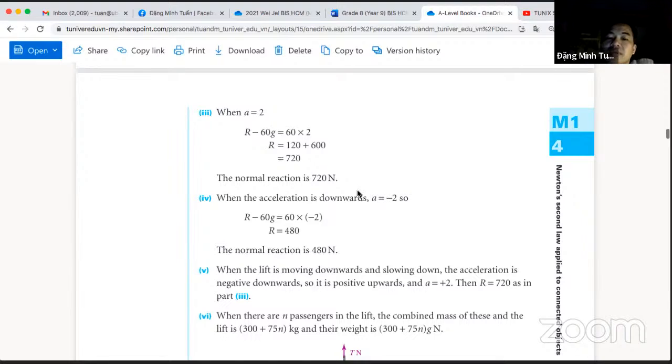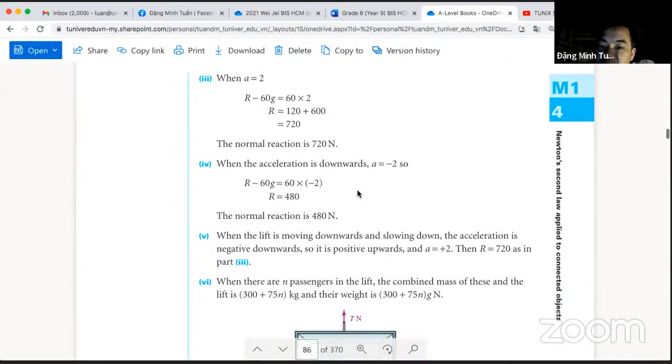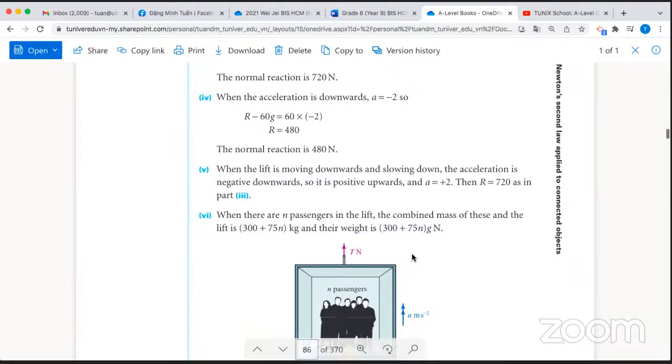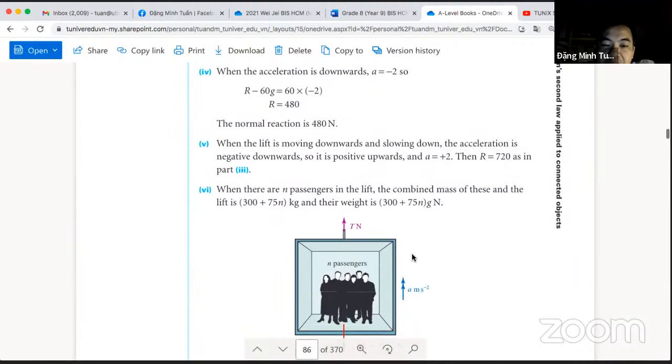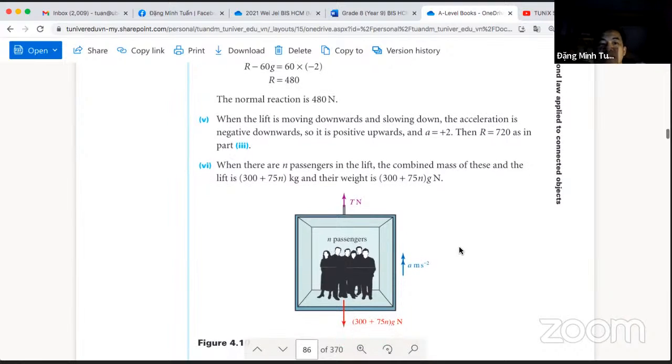And then if there were n passengers, the combined mass you can take as 300 kilograms plus 75 kilograms times the number of passengers. You got it?